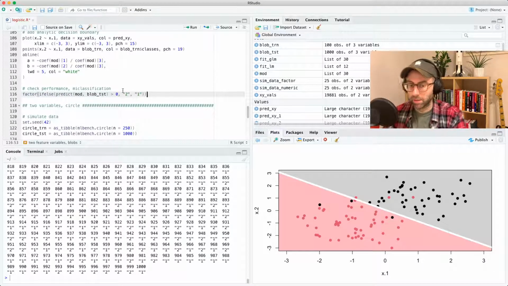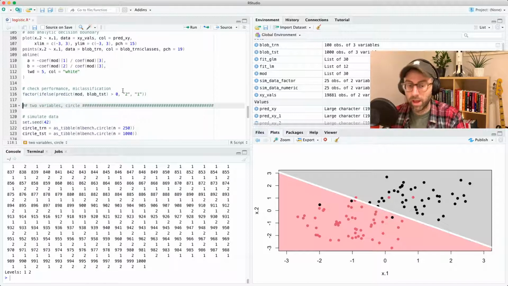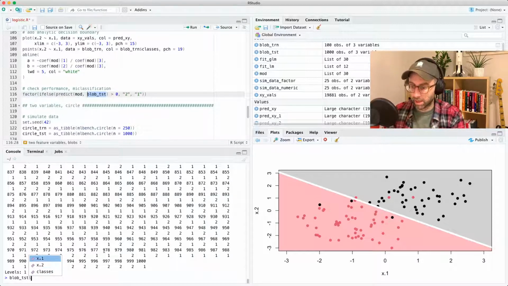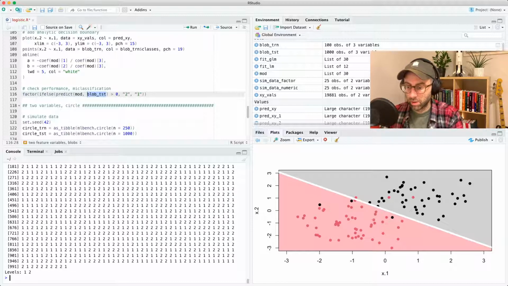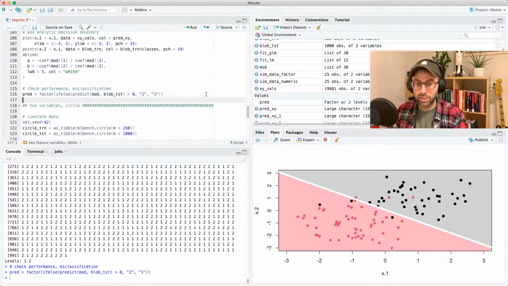One thing you should always check when you make that factor variable after all the predictions is that the levels are both the same and in the same order. If we look at blob test $ classes, we see the same thing here. Okay, so that's good. So I'll call this pred. Those are my predictions on the test set.